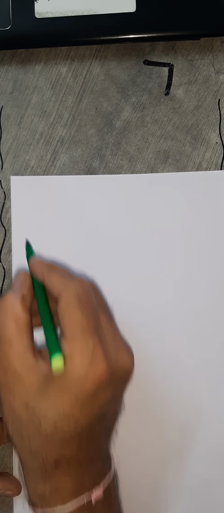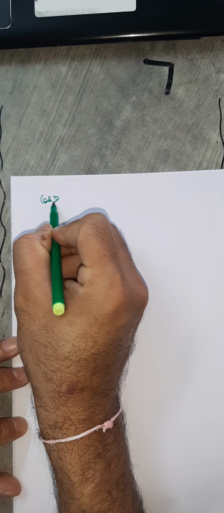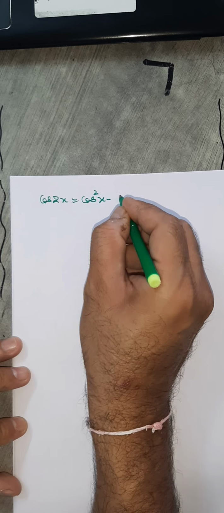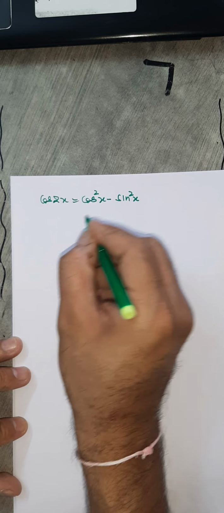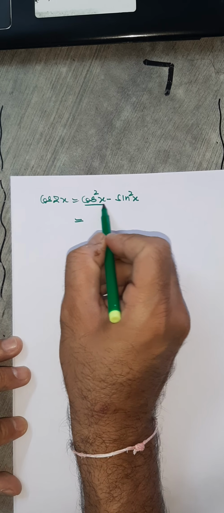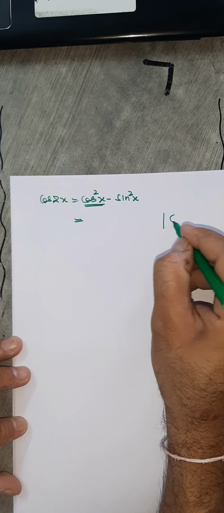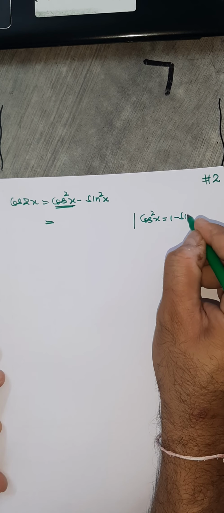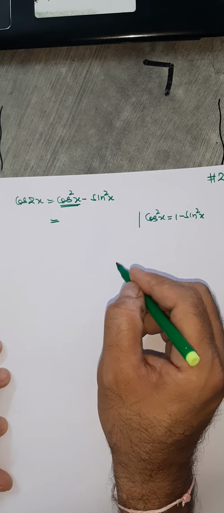So now we have cos 2x. What is cosine 2x? We already showed that it is cos square x minus sin square x. Now I'll rewrite cos square in terms of sin square. You know cos square x you can write as 1 minus sin square x. This you know, this is a fundamental formula.